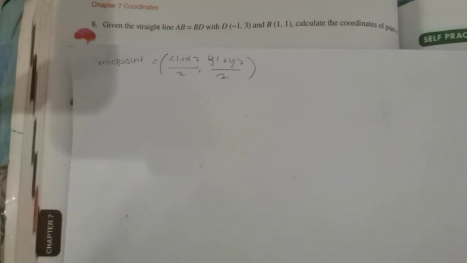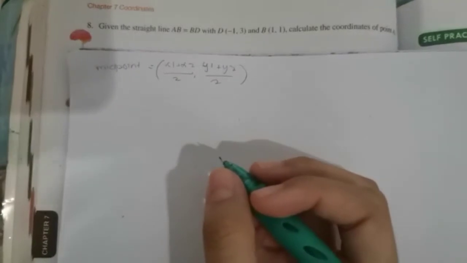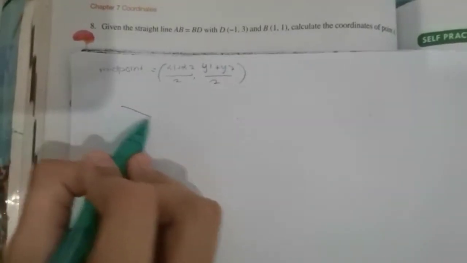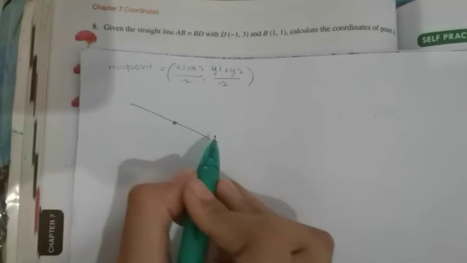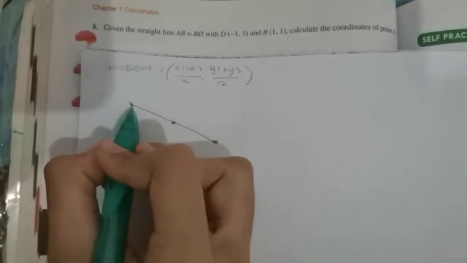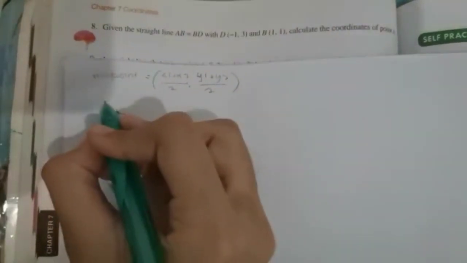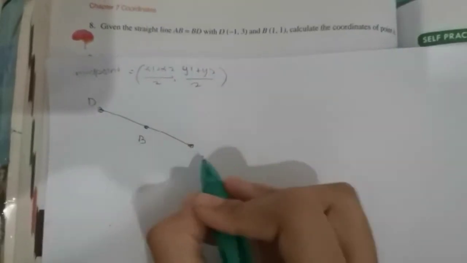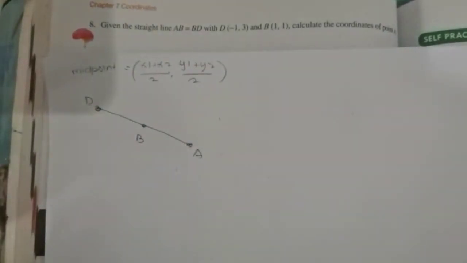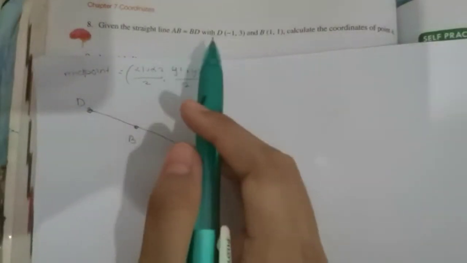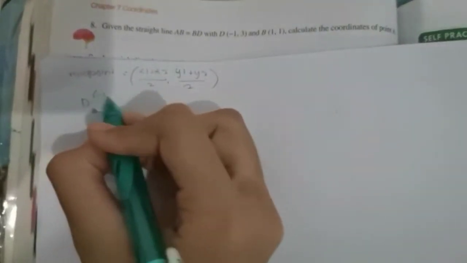Calculate the coordinates of point A. Okay, so D, B, A. D is negative 1, 3, B is 1, 1. So A is x, y.